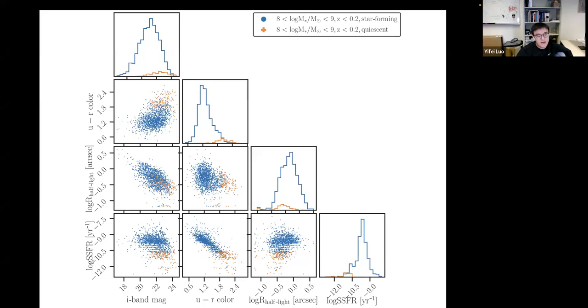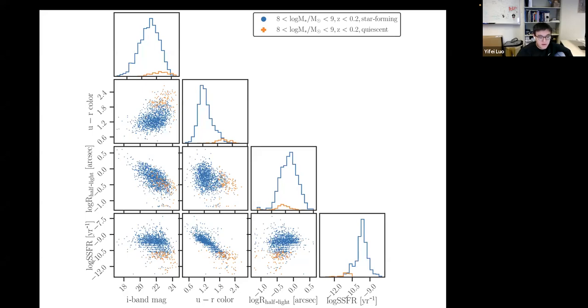So they're pretty faint for any spectroscopic survey, and even for some imaging surveys. In this mass range, many of them are star forming. You see they're pretty blue in u-r color, and you can also see their specific star formation rate. Most of them are star forming.